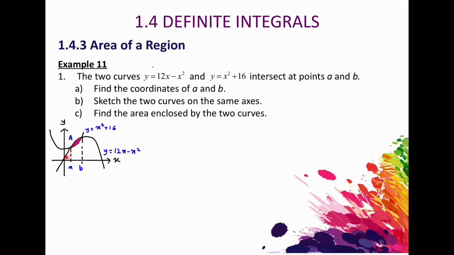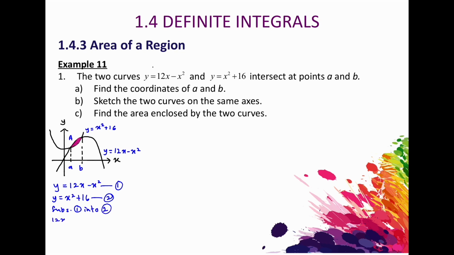In order to find the coordinates of A and B, we need to solve the equations simultaneously. Let's take y equals 12x minus x squared as equation 1, and y equals x squared plus 16 as equation 2, and then substitute equation 1 into equation 2.